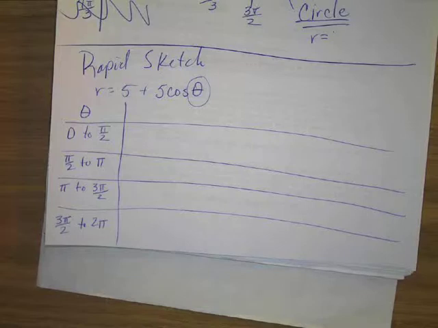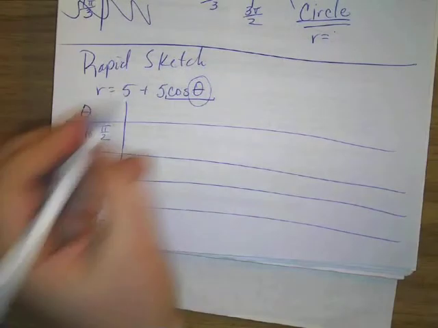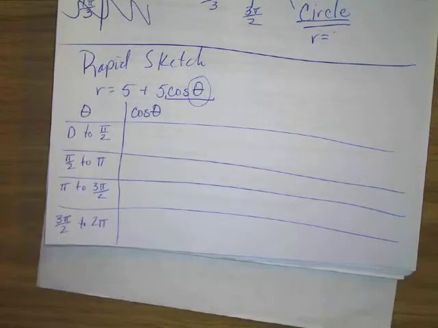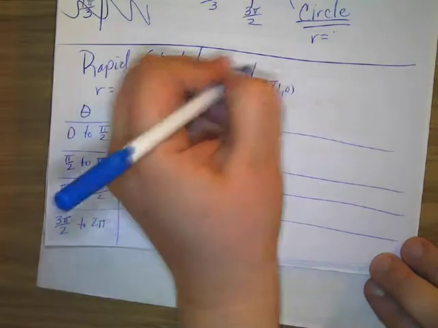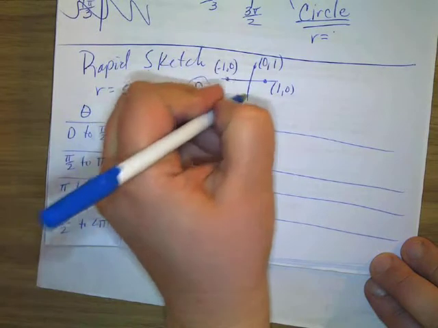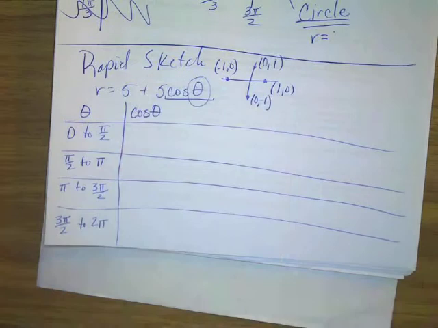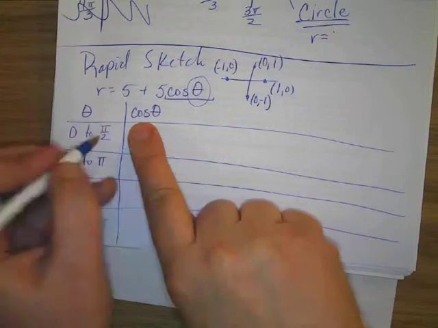Here's why. We have our thetas, and we're just going to branch out a little bit. Now, what's the cosine of theta? This is where it's really handy to have this drawn out. Because now I'm looking at the cosine of theta.